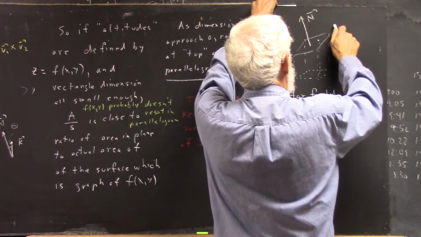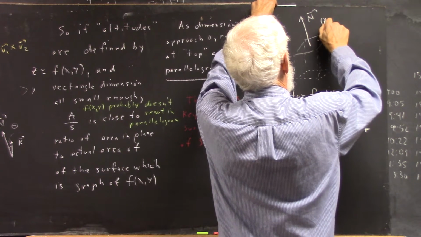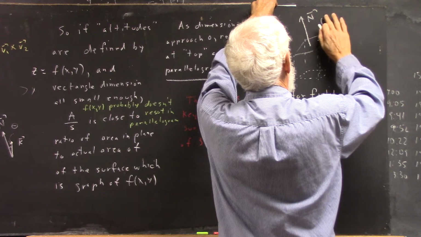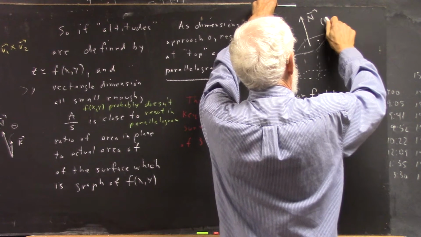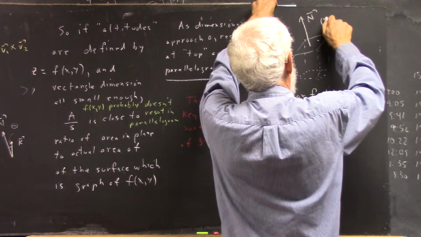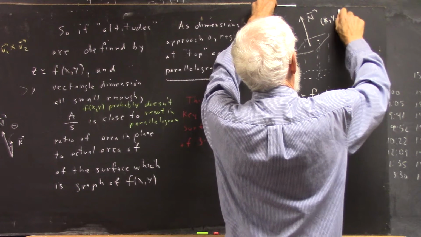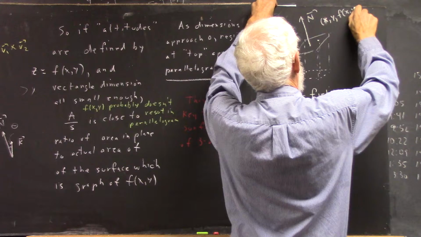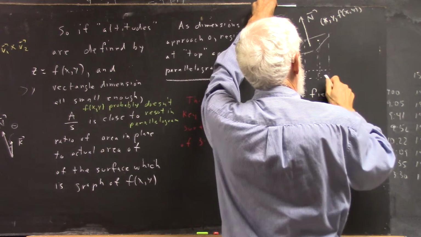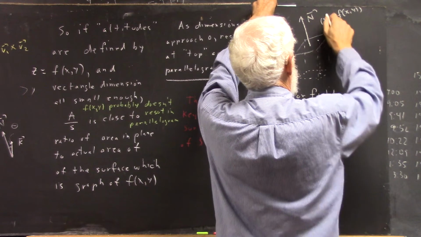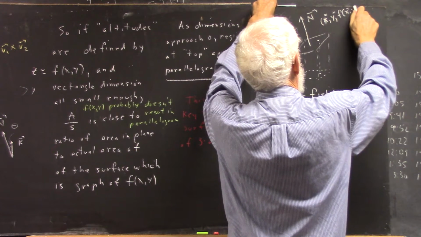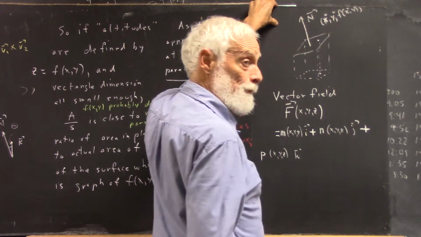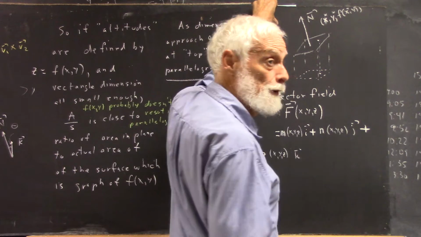So this is a point, and let's put it in the context of an f of x, y. I'm going to call this x star and this y star, because it's a sample point within this region.